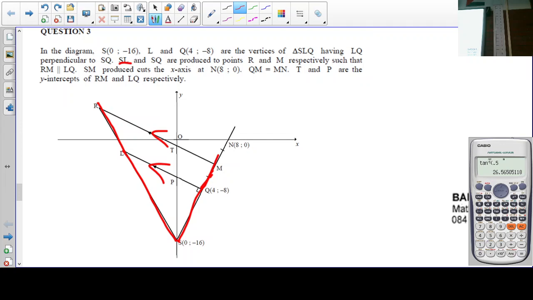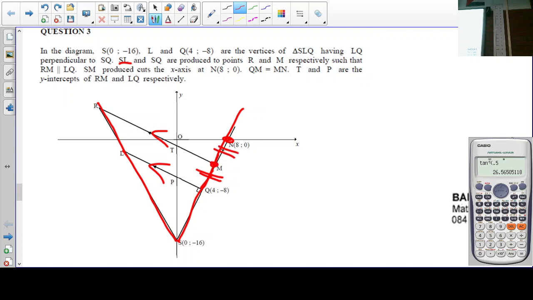SM produced, which means to say extended, SM is produced to cut the x-axis at N, which is 8 and 0. Then we are told that MQ is equal to NM.